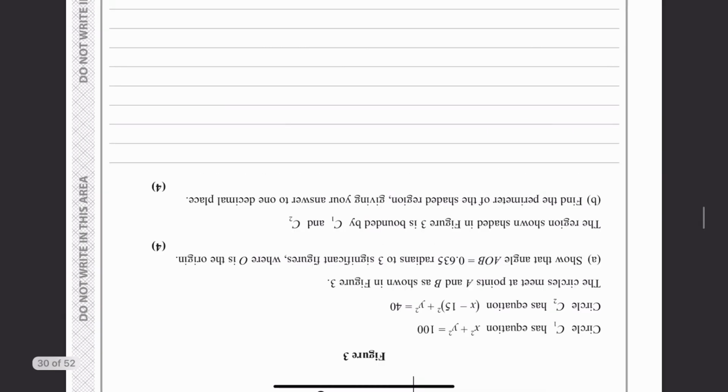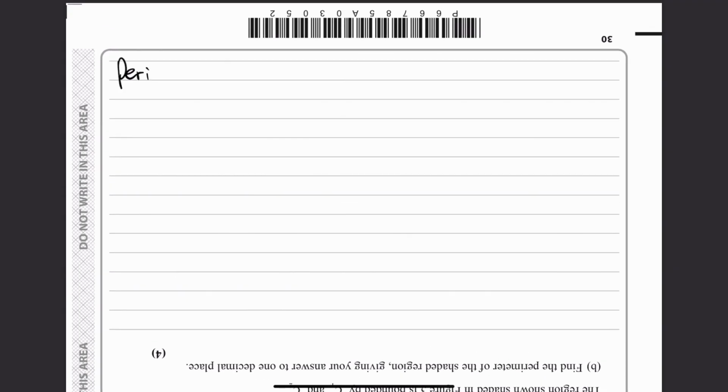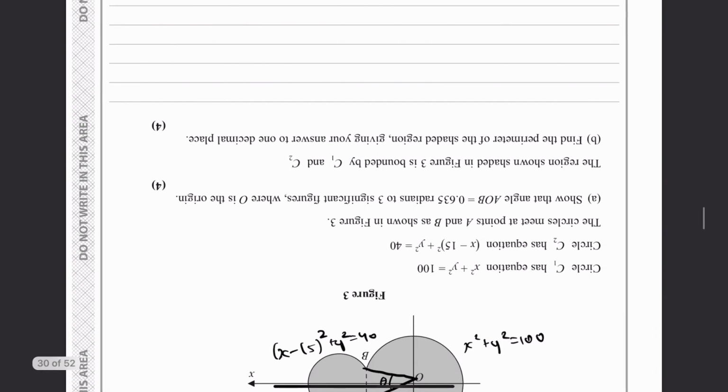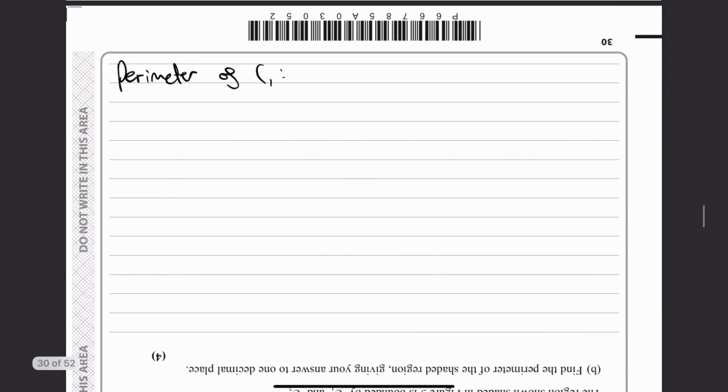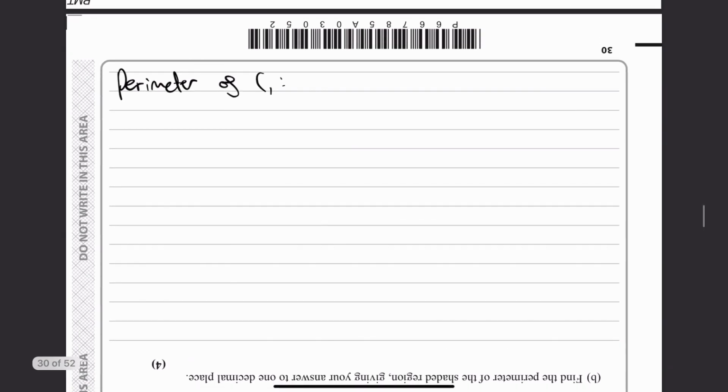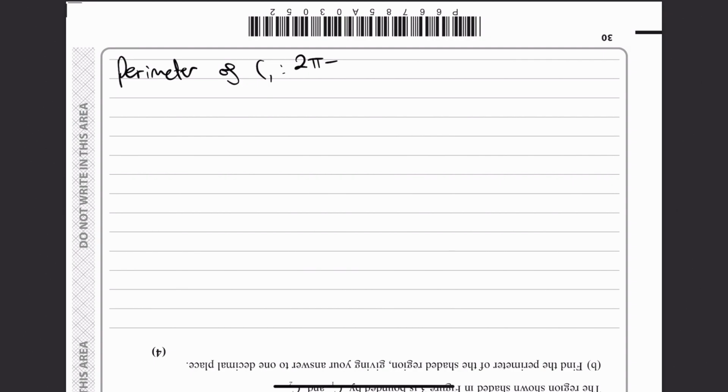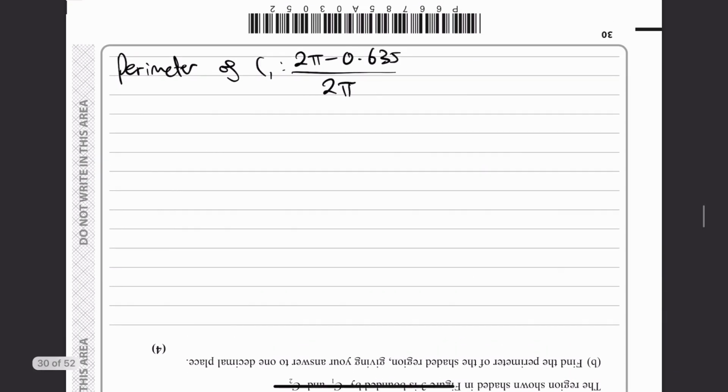So, perimeter of C1. So we've actually got this angle. I'm just going to write it, 0.635 to 3SF. So the opposite of that is just going to be 2 pi minus that. So 2 pi minus 0.635 over 2 pi, because we're going to take out the whole sector.